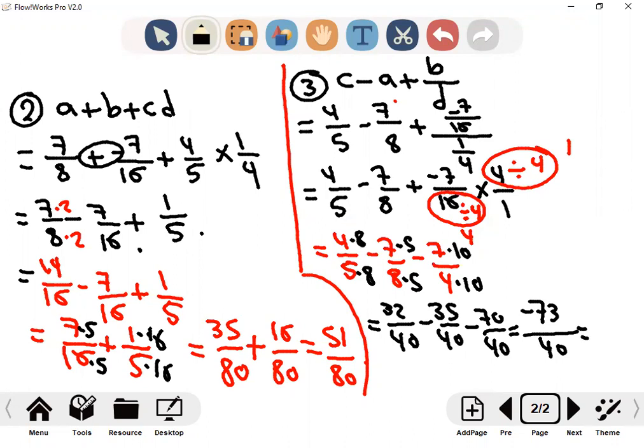Now do the division. Negative 1, and then we convert the division, this 33. Did we understand question 3?